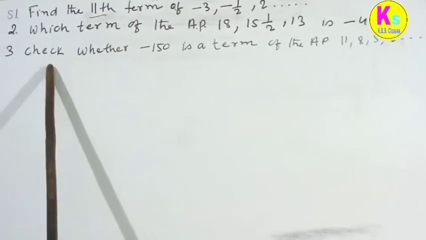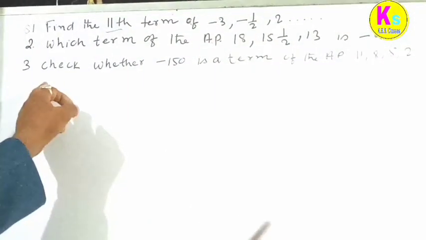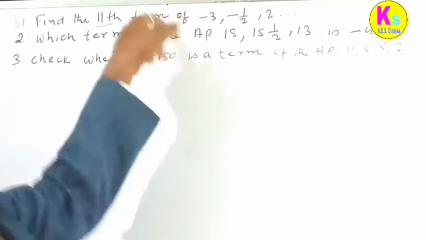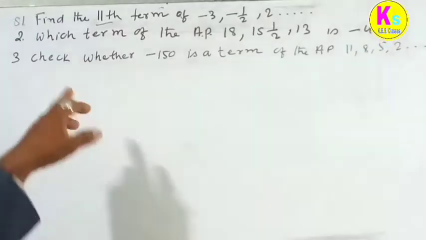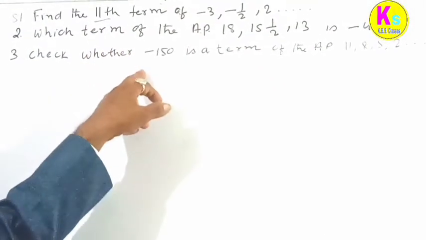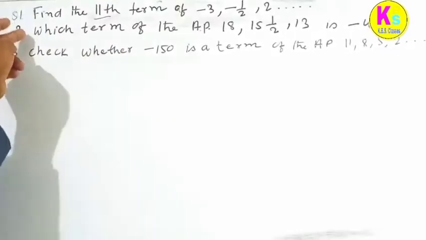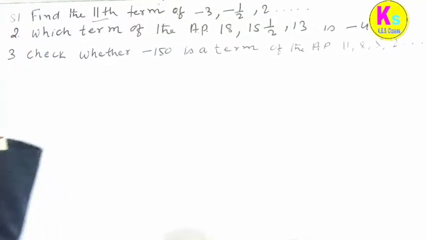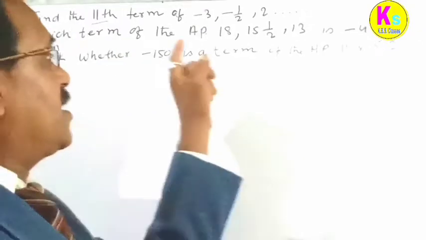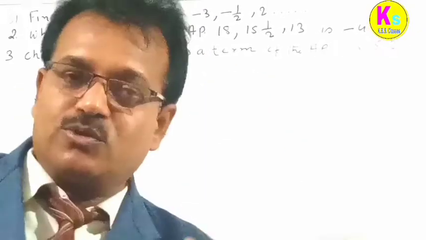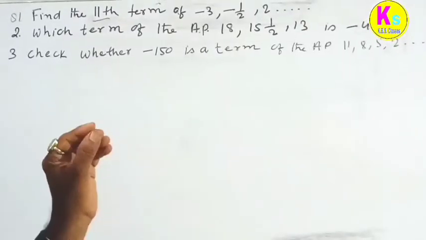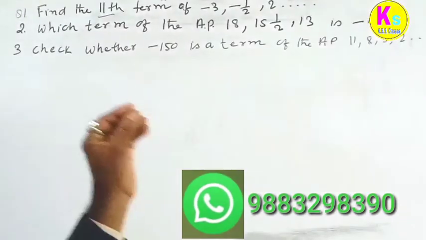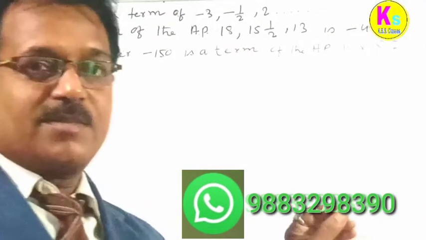Third sum. You are seeing that this is different from the first two, but actually this is also like what we have done in the first and second. So this sum you have to do and send the answer to my WhatsApp number.